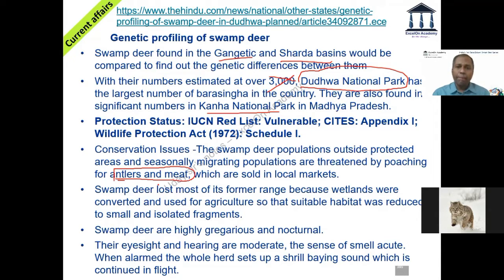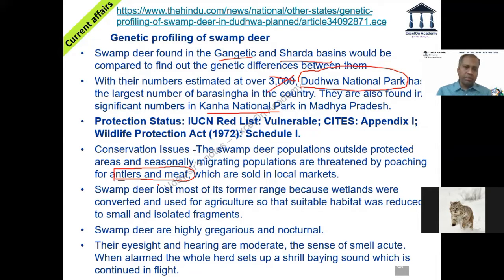And of late, as the name itself suggests, swamp deer are found in areas that are swampy, marshy, with some amount of wetlands. So whenever the wetland gets reduced, it threatens the habitat of these swamp deer, and therefore their numbers are reducing.